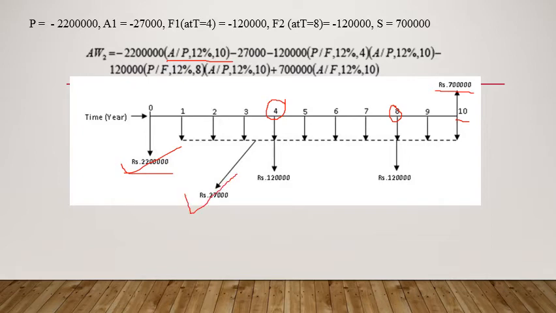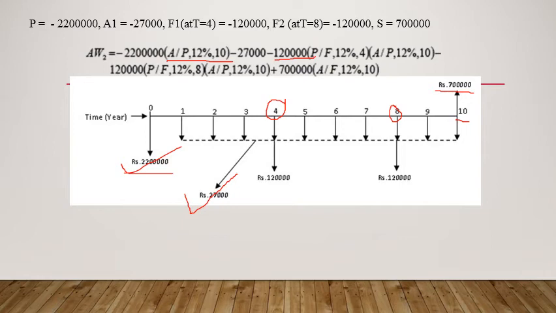It is written as A. There is no need for any further conversion. Next is 1,20,000. Where is it situated? At t is equal to 4. We have been discussing this case till now. Whenever you have a cash flow in between the ends, you cannot convert it as it is. What you need to do is first convert that into P and then into A.